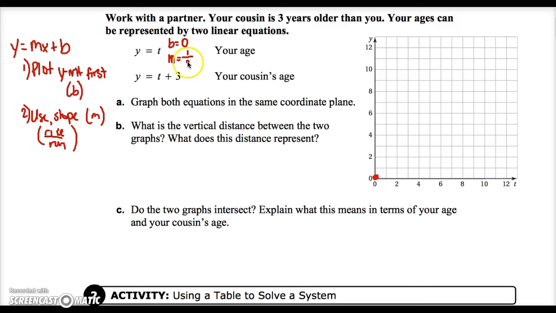And if we write 1 as a fraction, it's 1 over 1. So that means I'm going to rise 1 and run 1. So from my point, rise 1, run 1, and you can keep doing that over and over again. But then go ahead and draw your line through there. Try to make that as straight as possible.